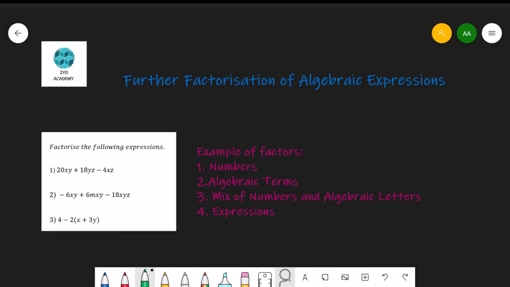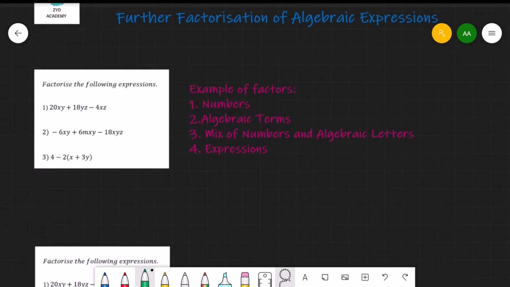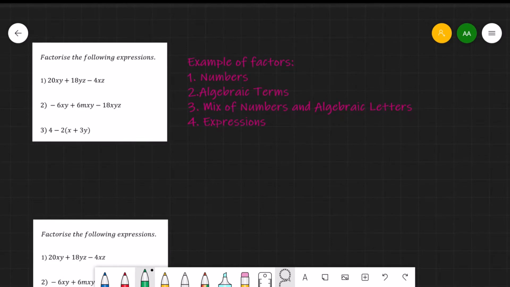Alright, so just a recap from the previous tutorial, the four examples of factors: numbers, algebraic terms, a mix of numbers and algebraic letters, and lastly expressions. I also did mention two tips in doing your factorization. The very first tip is to do it in this sequence: we compare your numbers first and then followed by your letters.